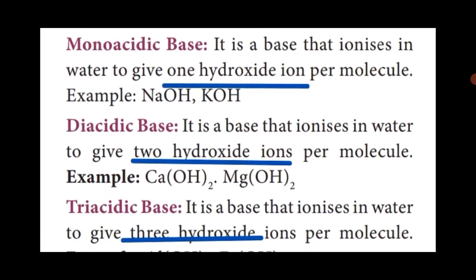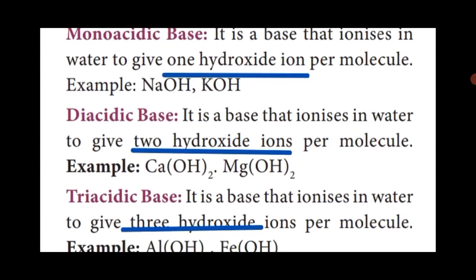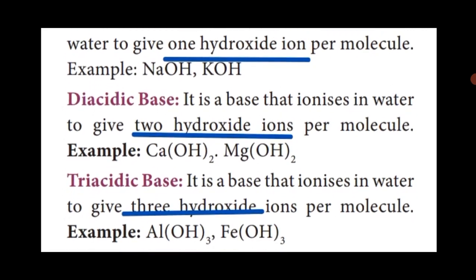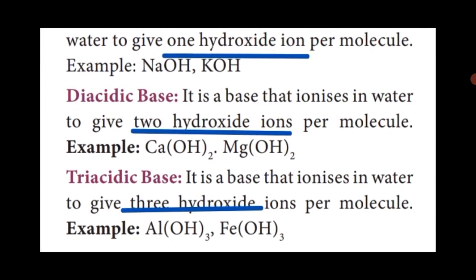Third one, triacidic base. It is a base that ionizes in water to give 3 hydroxyl ions per molecule. Example, aluminum hydroxide, formula Al(OH)3. Another example, Fe(OH)3. Both contain how many OH groups? 3 OH groups.